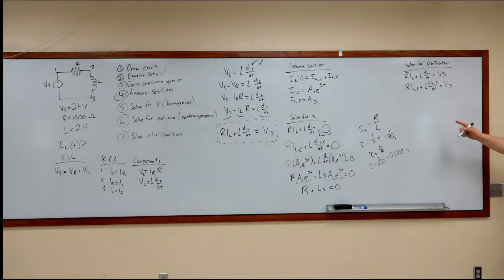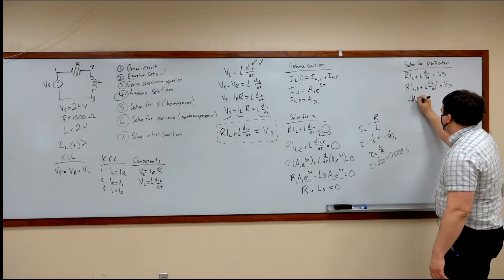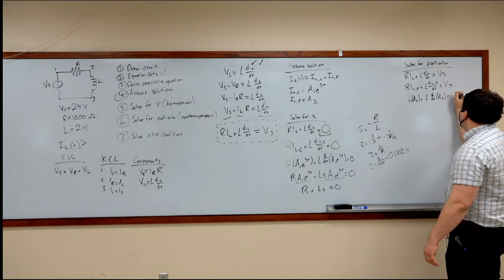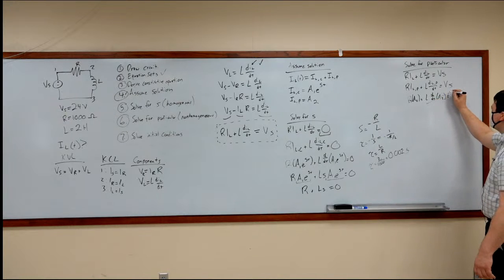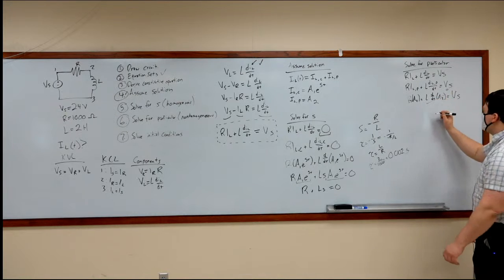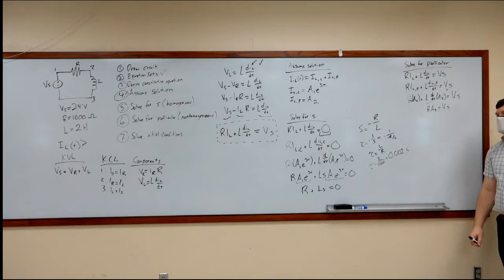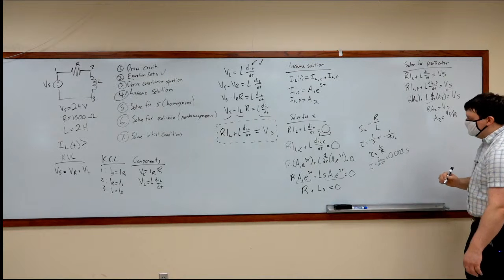We substitute A2 in for ILP because we know what ILP is. It's right there. So this becomes R times A2 plus L times the derivative of A2 is equal to Vs. What's the derivative of A2? It's 0. Second time I've asked that question today. Okay, so what we end up with is R A2 is equal to Vs, which means A2 is equal to Vs divided by R.